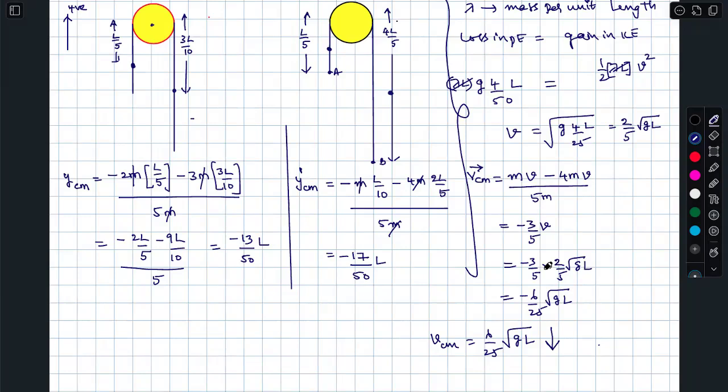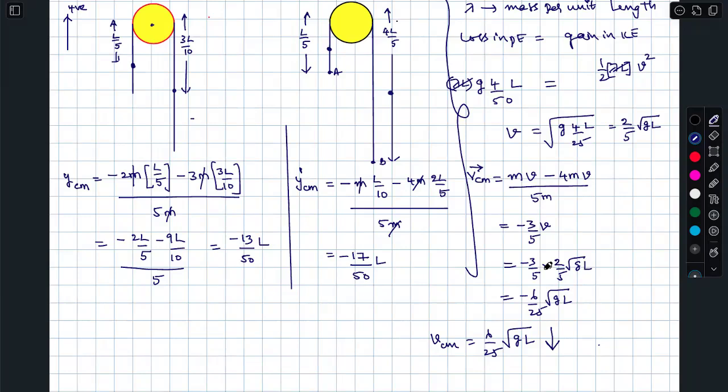If all were moving in the same direction, I would definitely have informed you, yes, that is the velocity of center of mass. A portion of the system is moving upwards and the remaining portion is moving downwards. So therefore, velocity of center of mass is not the same as the speed at which the entire string is moving. I think you got my point.